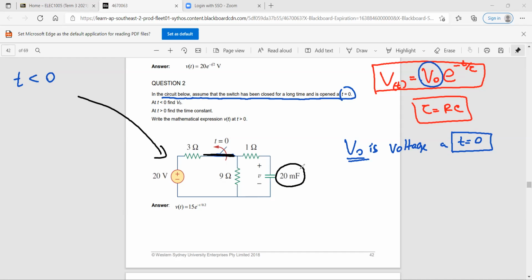It was closed for a long time, so the time is enough for the capacitor to be fully charged. Am I right? So when the capacitor is fully charged, this will be an open circuit. So when the time is just 0, your circuit will be like this. Do you agree, guys?